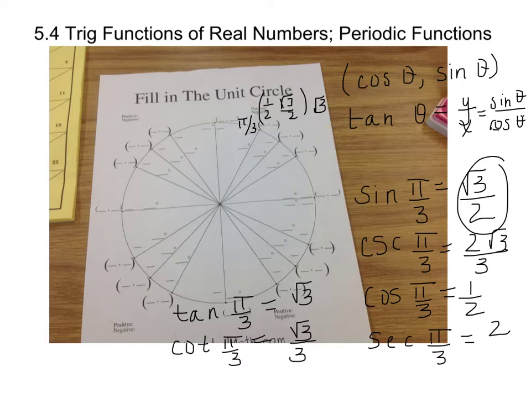So if you have the coordinate and they tell you that P is a point on the unit circle corresponding to a real number, then you'll have all your values, or you can find all the 6 trig functions. Or if they ask for a specific one, you'll do that specific one.